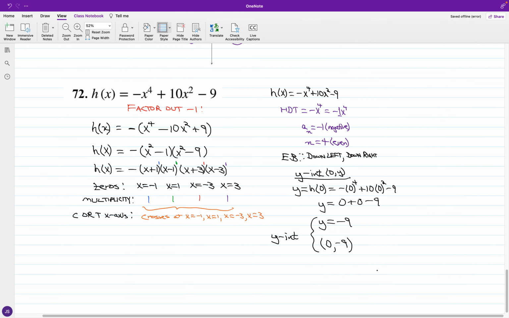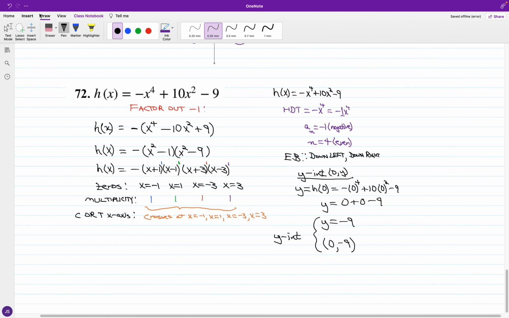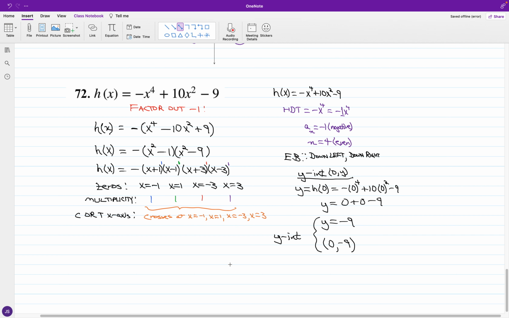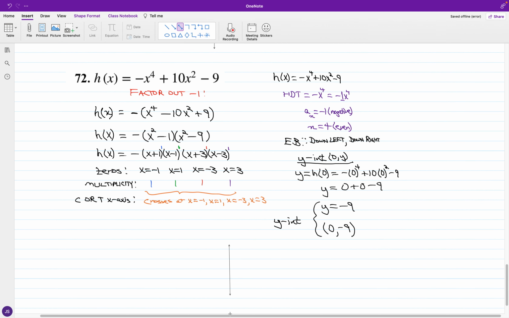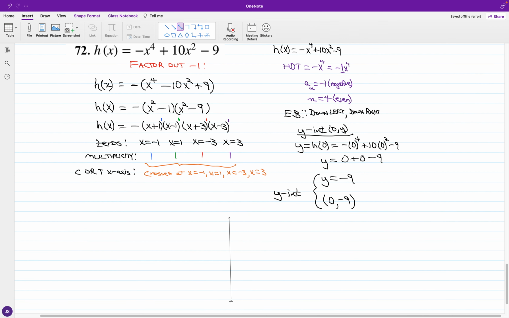Okay, looking at the tools at hand, we have 4 distinct zeros, 1 y-intercept, and we have the identification of the end behavior.